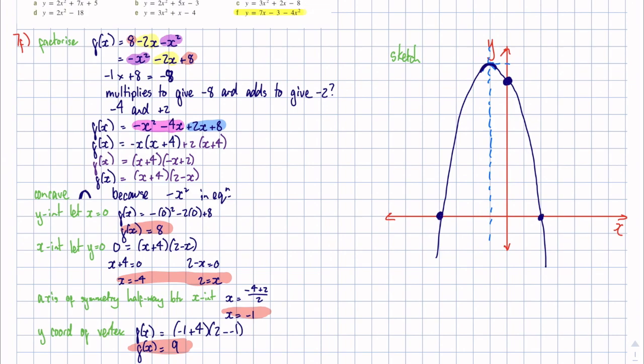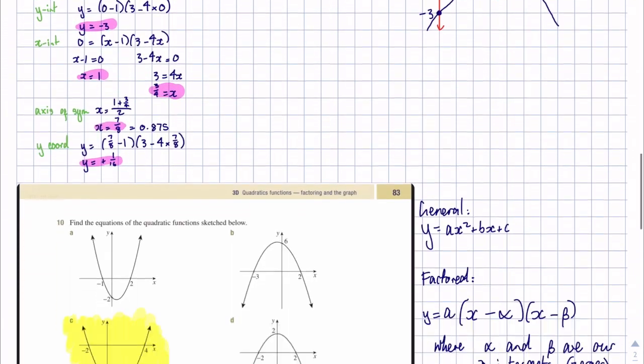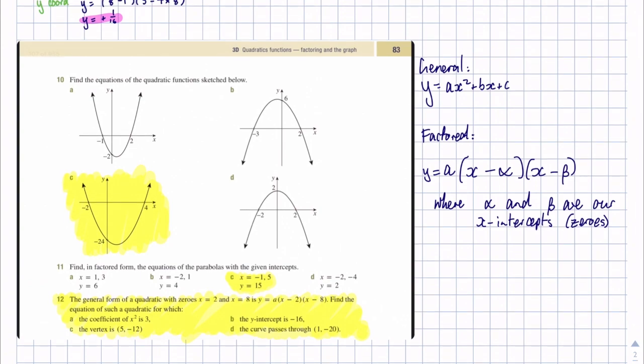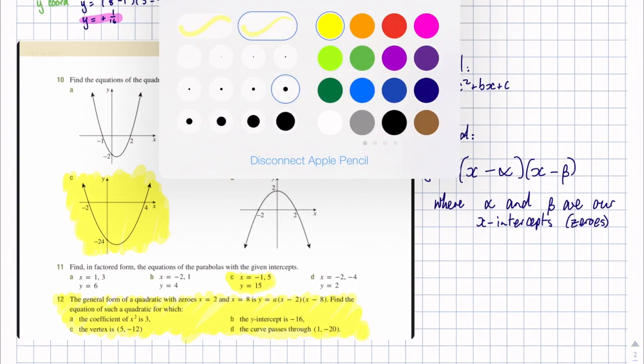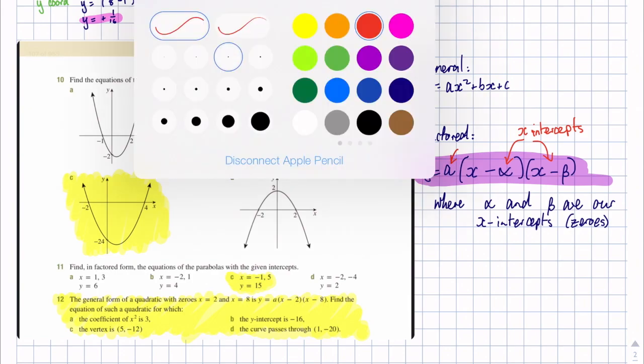Anyway, if you use this formula for pretty much all of these questions, and you're subbing in the x-intercepts, then you can solve these questions really quickly. All you then need to find is a, which is the coefficient of x squared when we expand it normally.